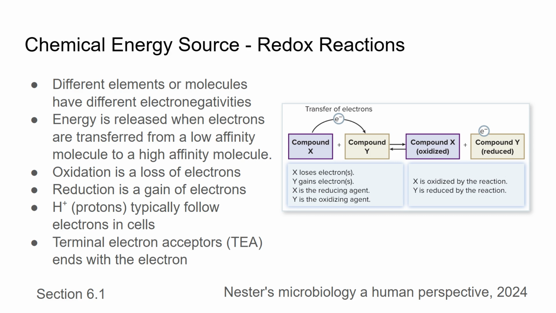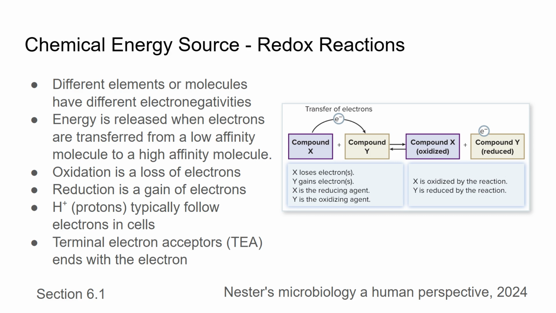But if we have a low electronegativity, grabbing an electron, that one actually has a lot of energy invested. So if you have a higher electronegativity take an electron from a low electronegativity molecule, that actually is going to release a lot of energy. And so that's what we're seeing here. When we have compound X transfer its electron to compound Y, then we're going to release a lot of energy because compound Y really wanted that electron. And compound X had so much energy because it was holding the electron, it's like, I don't want this.